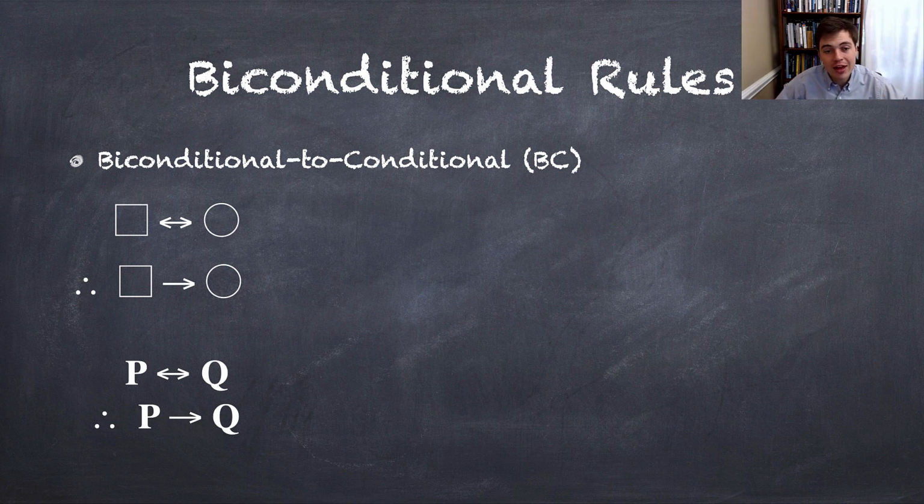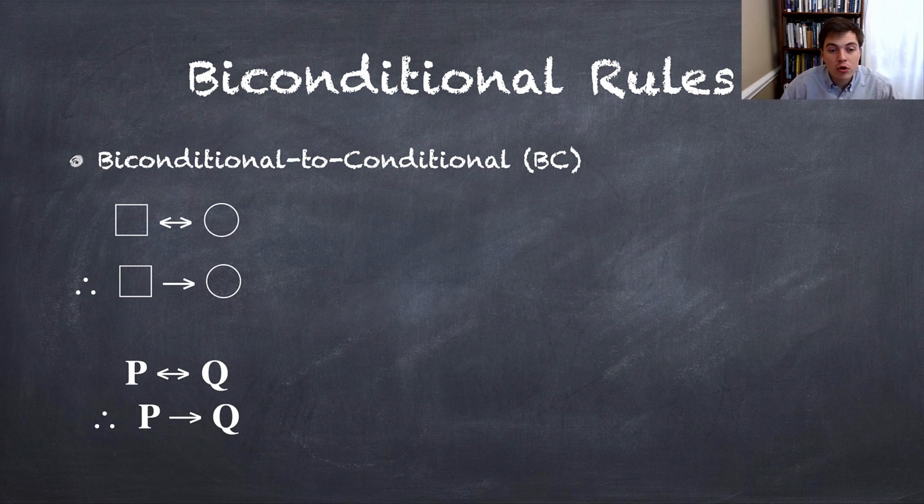We talked last time about the way in which a biconditional sentence is logically equivalent to the conjunction of two conditionals, one of which has the left-hand part of the biconditional as its antecedent and the right-hand part as its consequent, and the other conditional has the left-hand part as its consequent and the right-hand part as its antecedent.